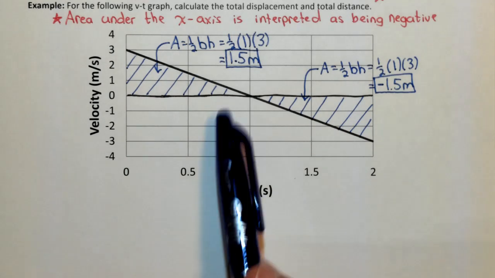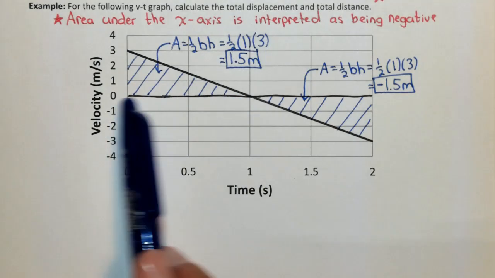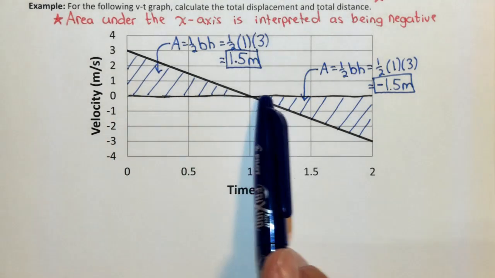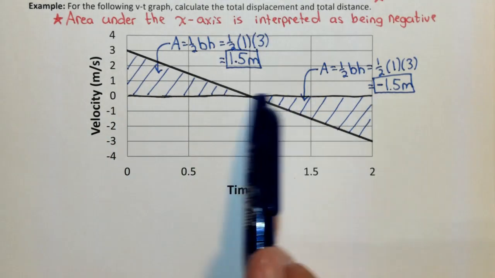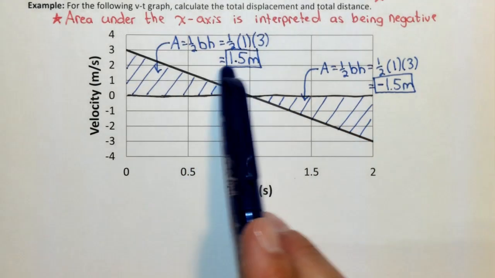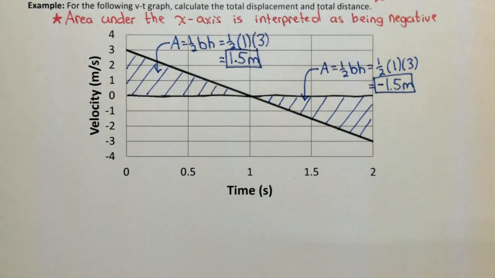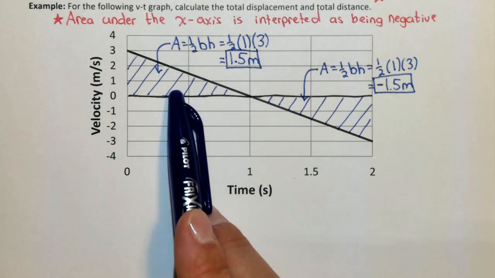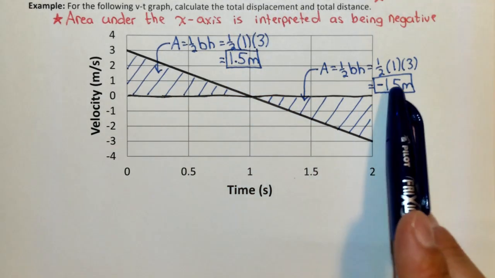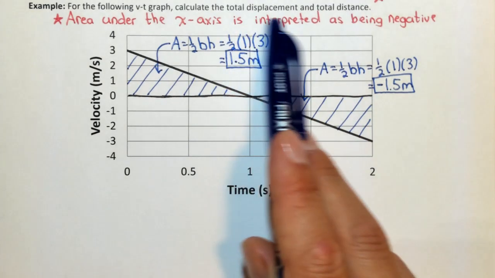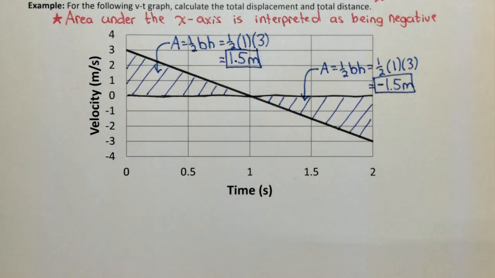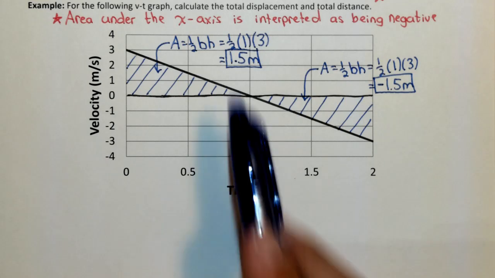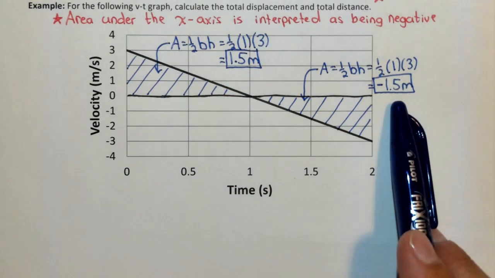So in this first part of the graph here, we're looking at the forward movement. And in the second half, we're looking at the backward movement. So this 1.5 meters, that's the displacement while it was moving forwards. And this negative 1.5 meters, that's the displacement while it was moving backwards. So if it moves 1.5 meters forward and then 1.5 meters backwards, it's going to end up back where it started.